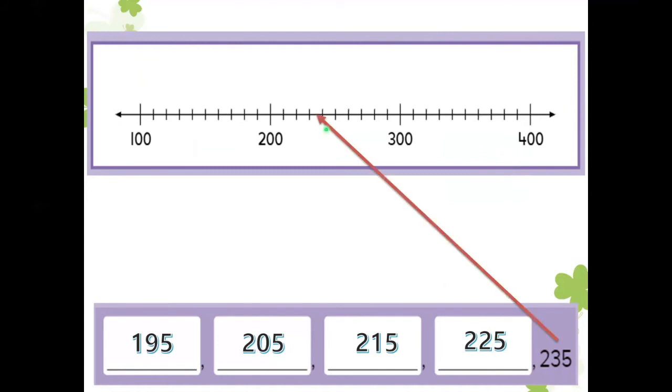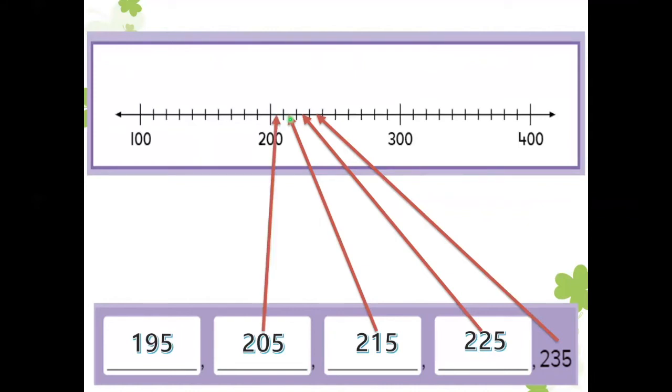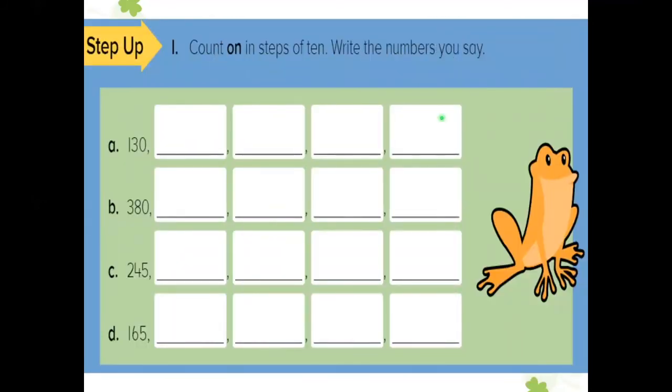Okay, so that's 235. Next here is 225. Next here is 215, 205, and 195.